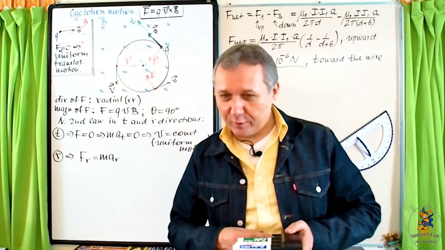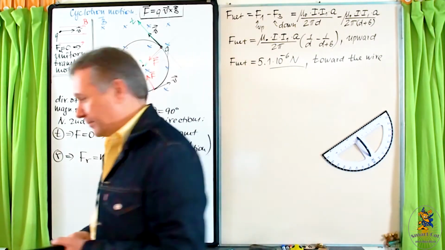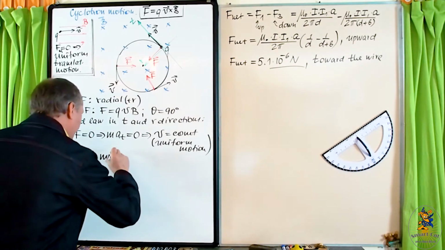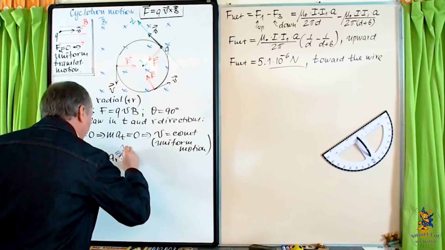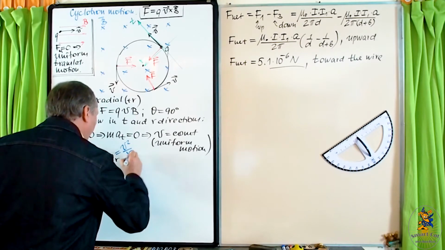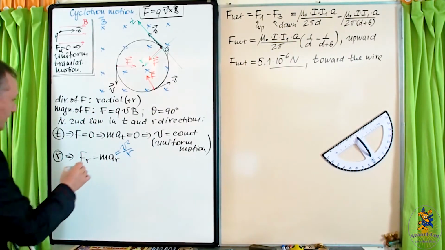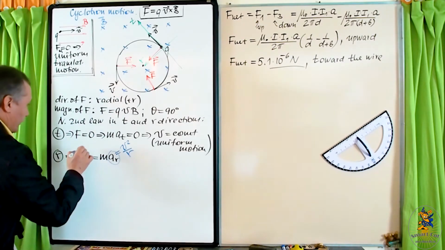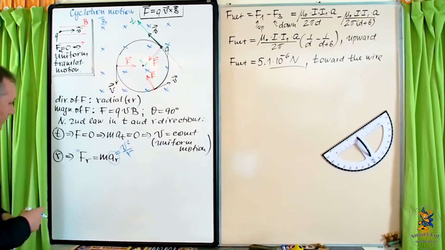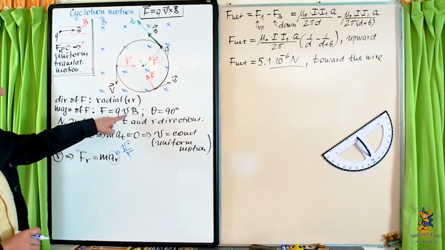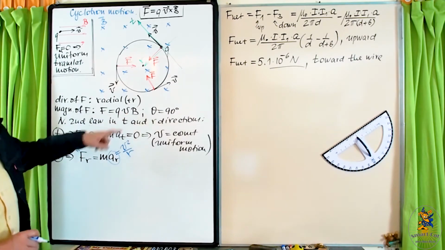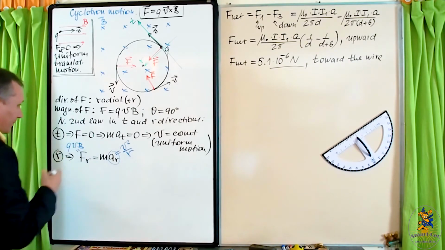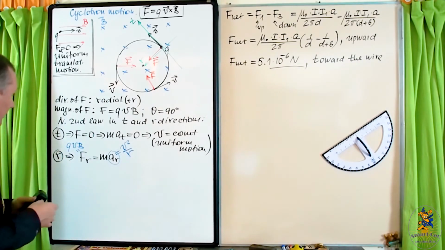It's the square of the velocity divided by the radius. So this is v squared over r, centripetal acceleration. And of course the force in the radial direction is our magnetic force, QVB.